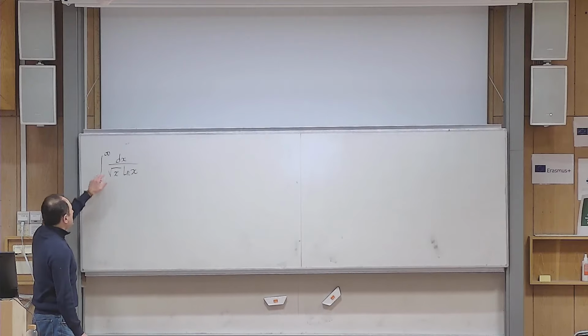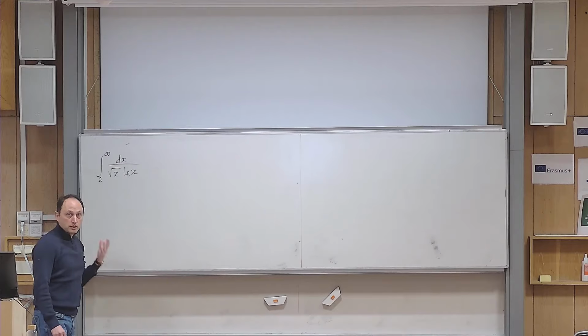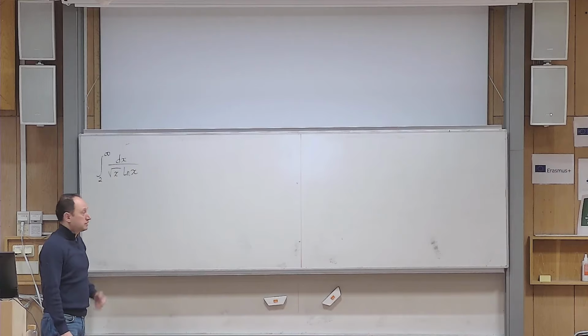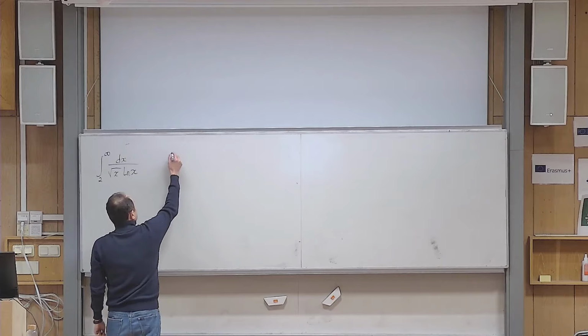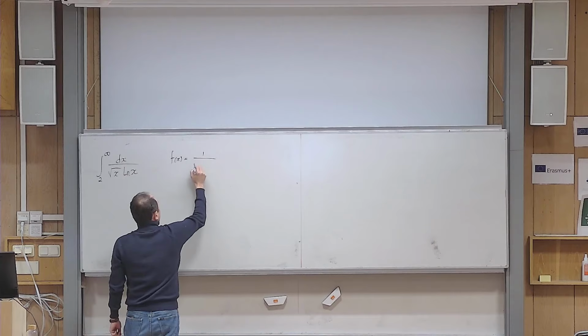First of all, because of the existence of this infinity, the integration interval is unbounded, so this is an improper integral of the first kind. But there is no number within this interval that makes the function f of x blow up.